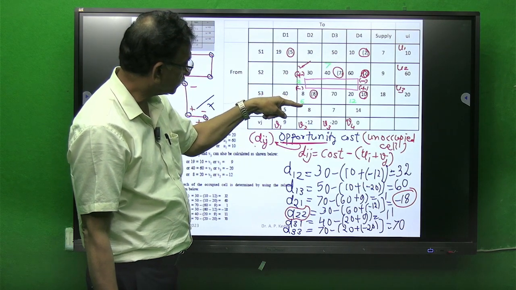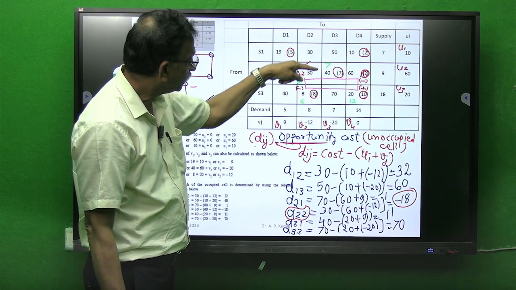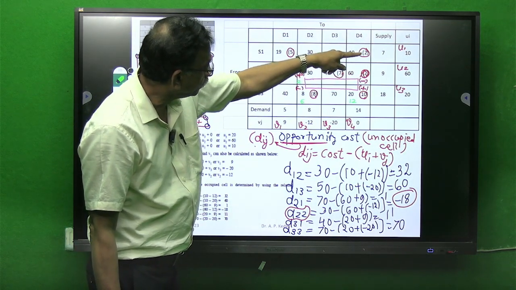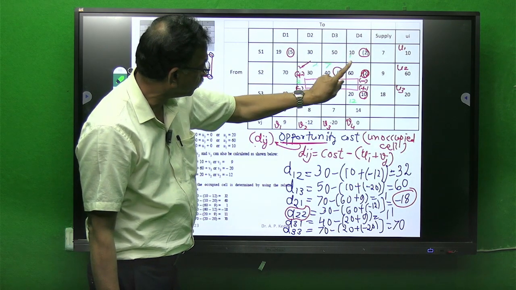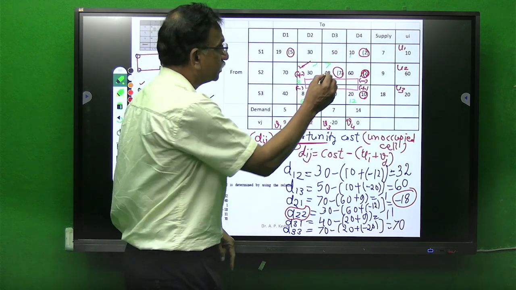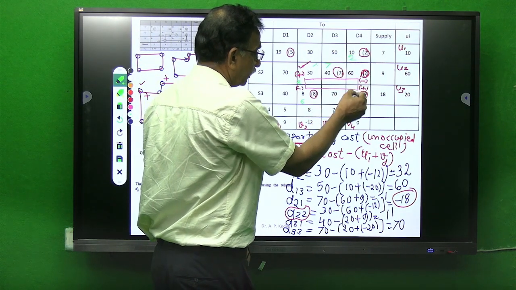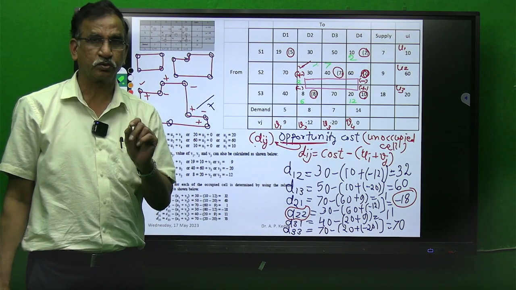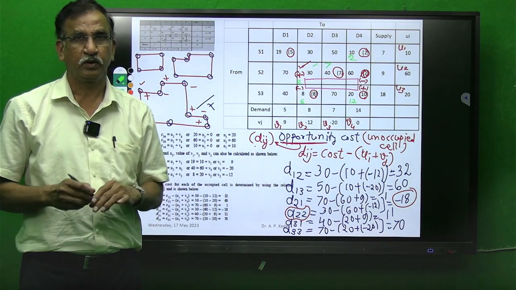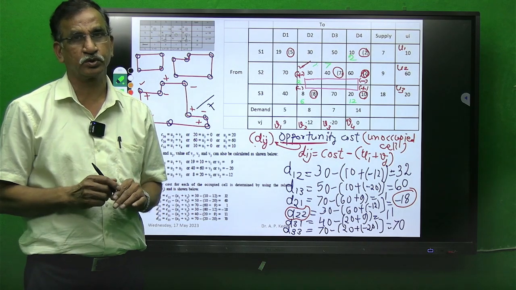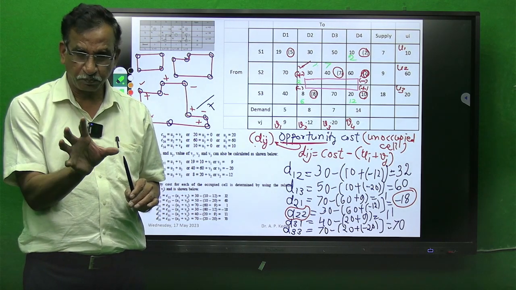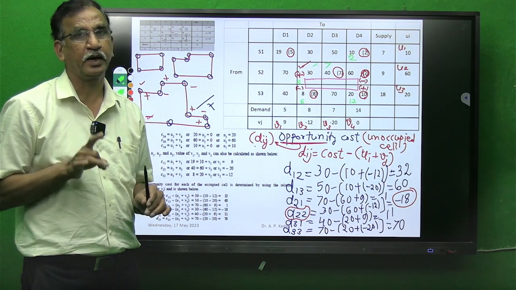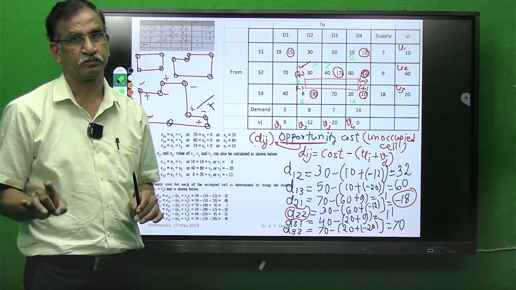Vertical. 2 plus 6, 8. 2 plus 12, 14. So students, you have to keep in mind that whenever you improve upon your solution, only position of allocation changes, total supply and demand doesn't change.